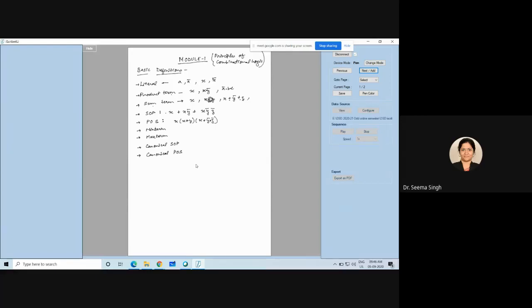So I will give one example here. If I have a min term of two variables, and I write a plus a b bar, it is not in min term form. Why is it not in min term form? Because it should contain each of n variable. Each of n variable means what?